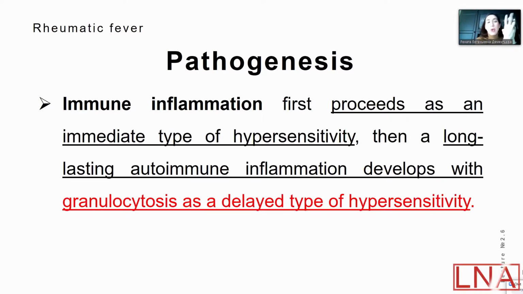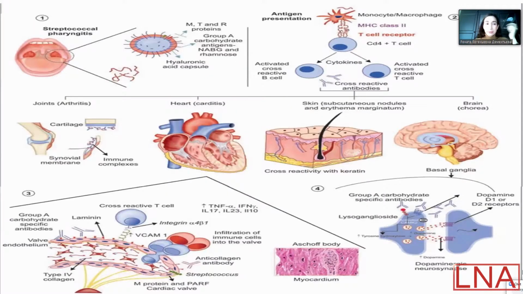First, the immediate type of hypersensitivity leads to edema and direct damage of the structure of the myocardium and endocardium with the cusp of the valve. Then a long-lasting autoimmune inflammation develops due to damage of the basal membrane by fixation of autoimmune complexes. And if you look at the scheme in the upper part, just a minute.